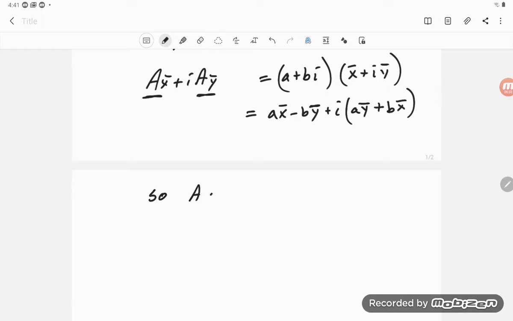So uppercase A times x is equal to little a x minus b y, and A y is equal to a y plus b x.